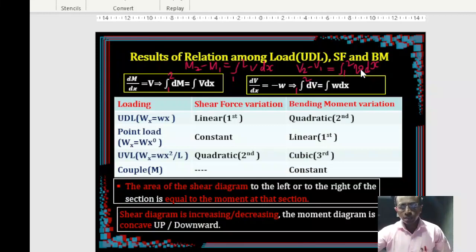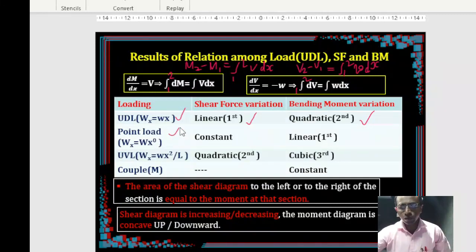As far as the shape is concerned, your loading diagram on the simple beam or even a cantilever beam decides the shape of the shear force as well as bending moment diagram. For example, if your loading is a uniformly distributed load, your shear force diagram will vary in a linear fashion, whereas your bending moment diagram will vary in a quadratic fashion.